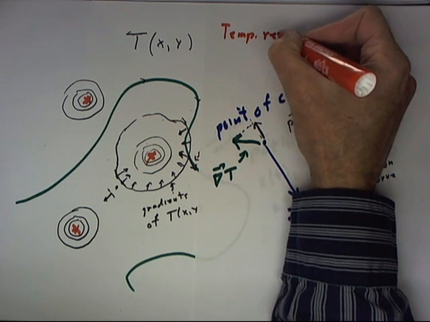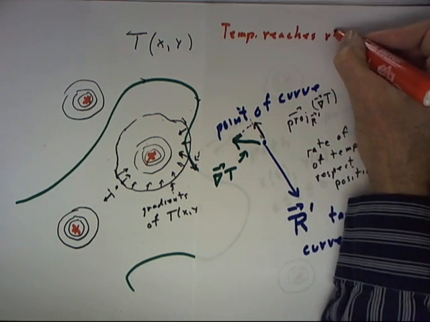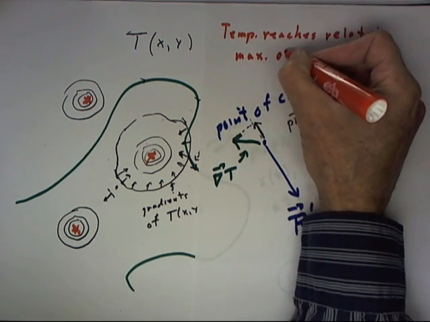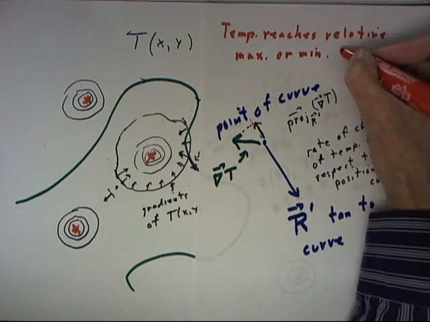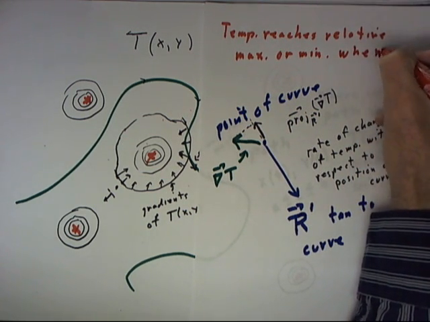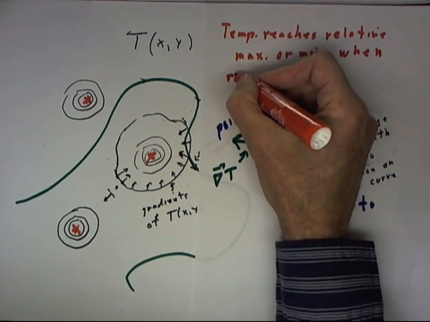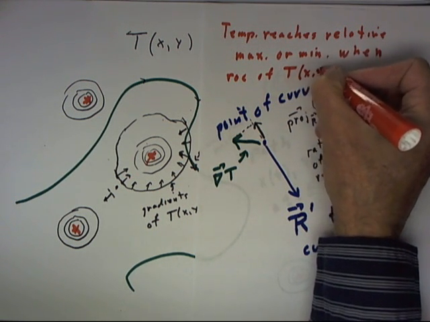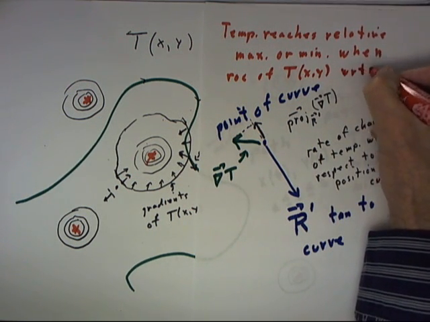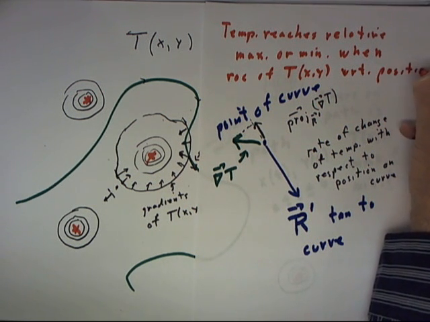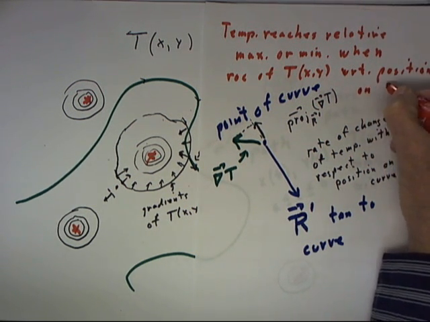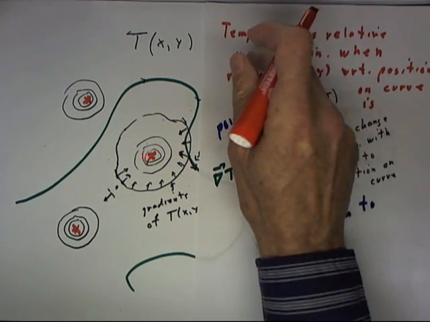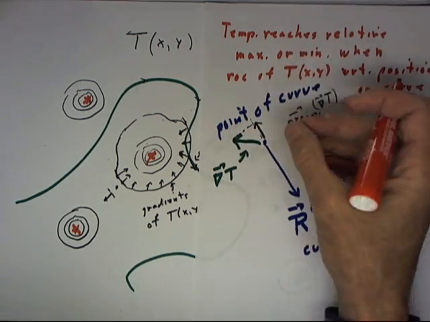The temperature reaches a relative maximum or minimum when the rate of change of T of x, y with respect to position on the curve is what?